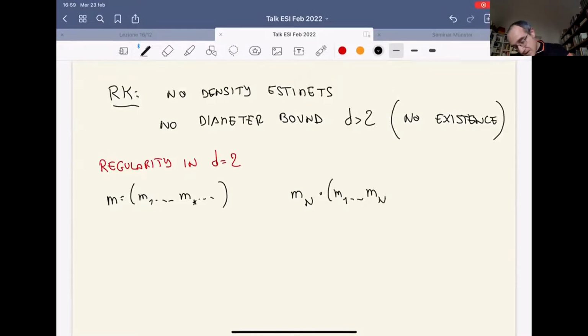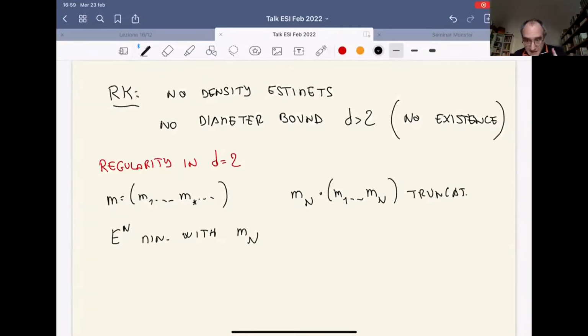You have your cluster E_n, a minimizer with n chambers with volume M_n. So you just forget all the chambers which are very small after a given number. And then you want to pass to the limit and reconstruct your minimizer as the limit of these E_n. You can do it, because you have uniform diameter bounds, everything works, and semi-continuity of the perimeter.